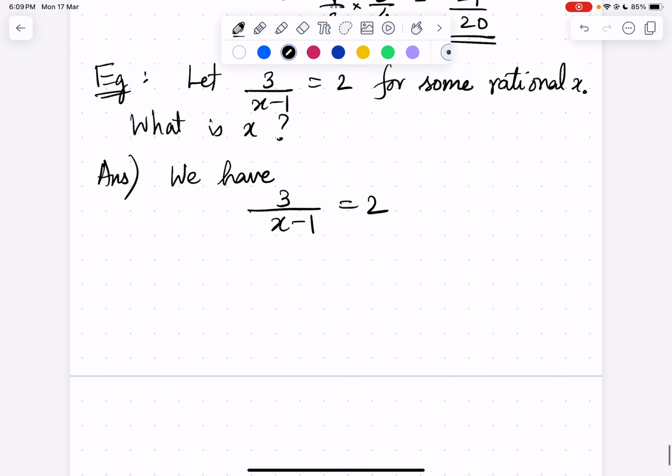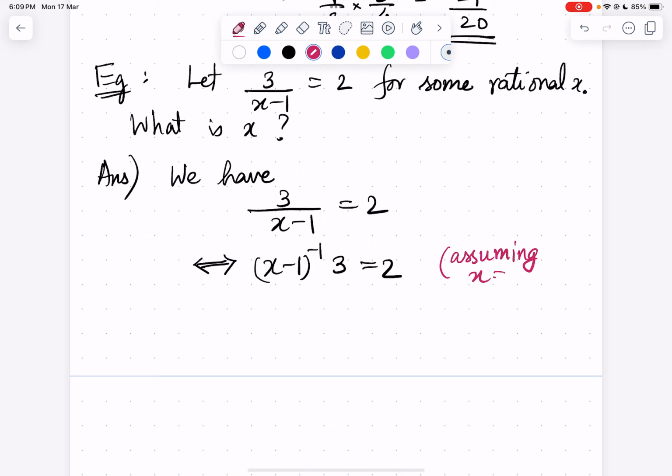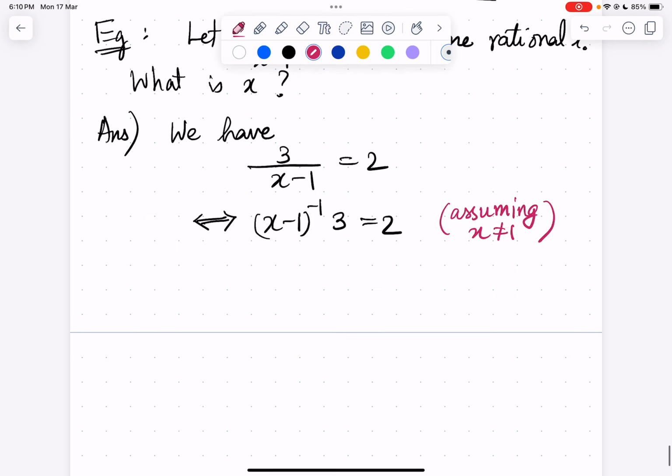So this is the same as saying the multiplicative inverse of (x minus 1) times 3 equals 2. Both equations are the same assuming x is not equal to 1. And so this equation can be written as 3 equals 2 times (x minus 1).